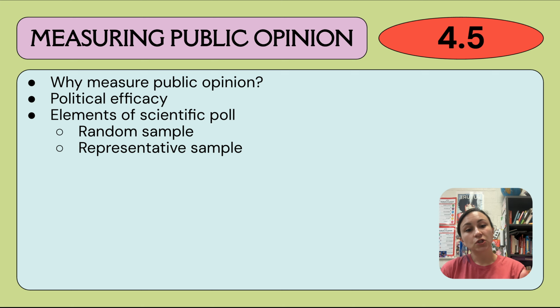And that brings us to number 2, representative sample. So if we have a group of 100 people, if we take a random sample, which means we pick those 100 people randomly, we're not having any kind of bias, we're not trying to pick people who look like us or our friends, right? That sample should mirror the demographics of the population. So it should be, if there's 100 people in the group, about 50 women and 50 men.